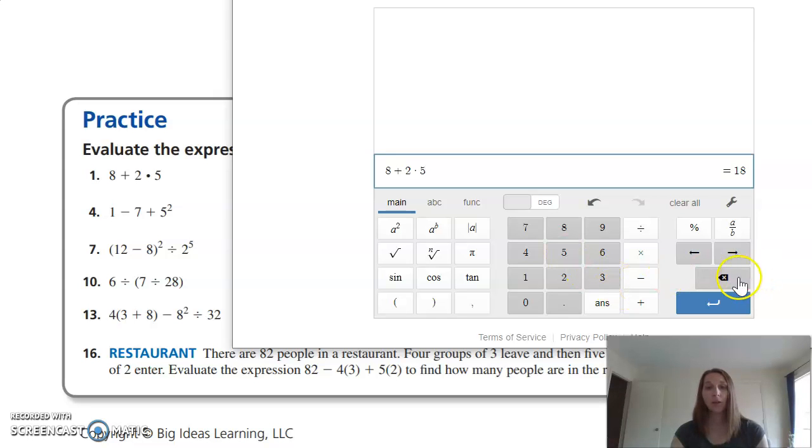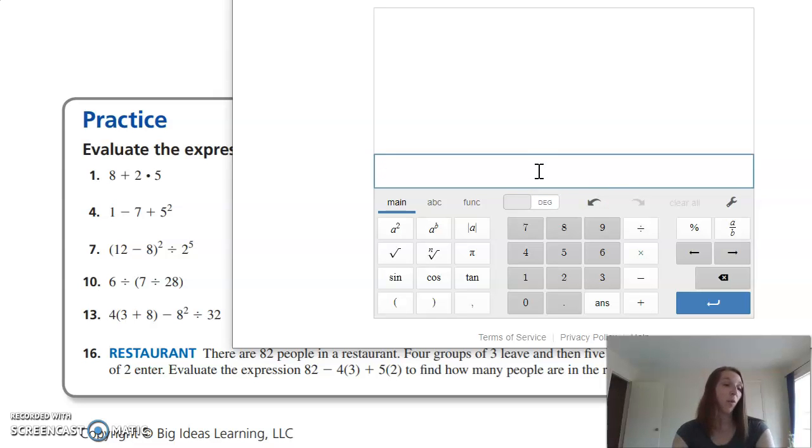Okay. Let's look at number 3. 5 times 4 squared divided by 8. Now this Desmos calculator has a little problem just putting all that in with the division, so we're going to do it step by step.